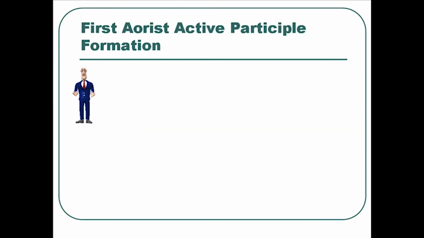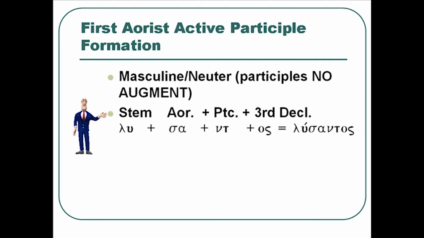Now here's how the first aorist participle is actually formed. In the masculine and neuter, you'll notice that there is no augment, but it starts right out with the stem lu, from luo. There's a first aorist sa insert, which we're used to. First aorist sa, sa, everywhere a sa, sa.